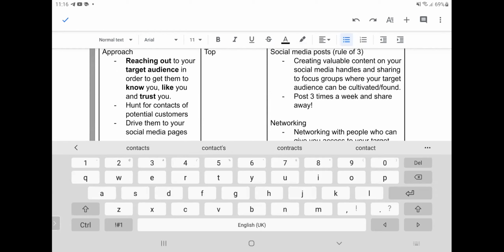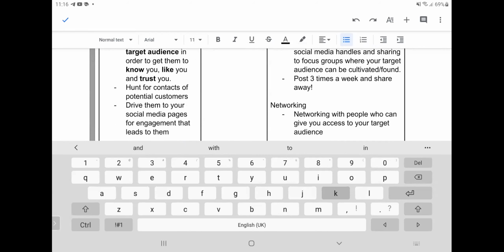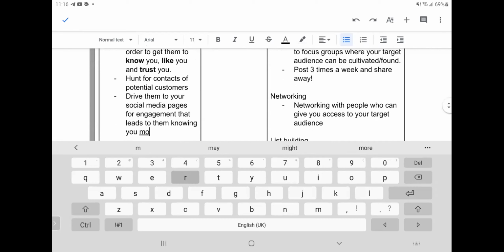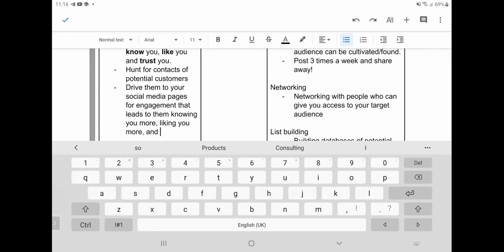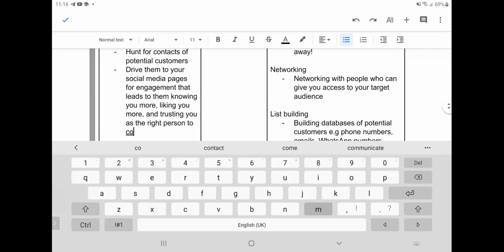And drive them to your social media pages for engagement that leads to them knowing you more, liking you more, and trusting you as the right person to come to when they are ready to buy.